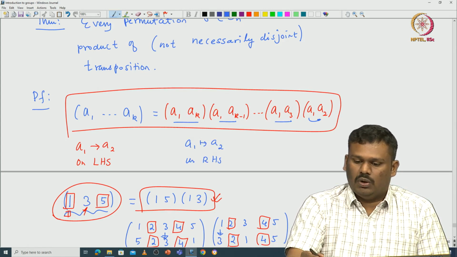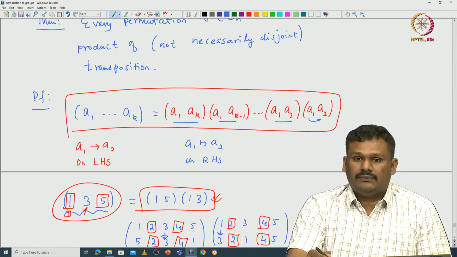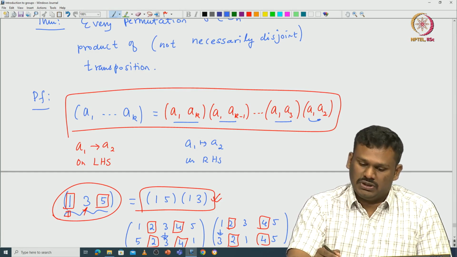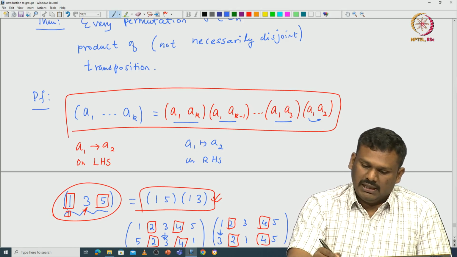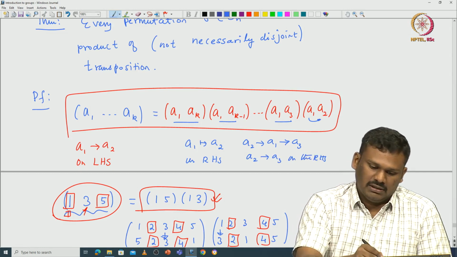Similarly, look at what happens to A2. A2 goes to A1, but A1 here goes to A3, and A3 will be fixed in the next transposition. So A2 goes to A1 and A1 goes to A3. That means A2 goes to A3 on the right hand side, which is the case here.